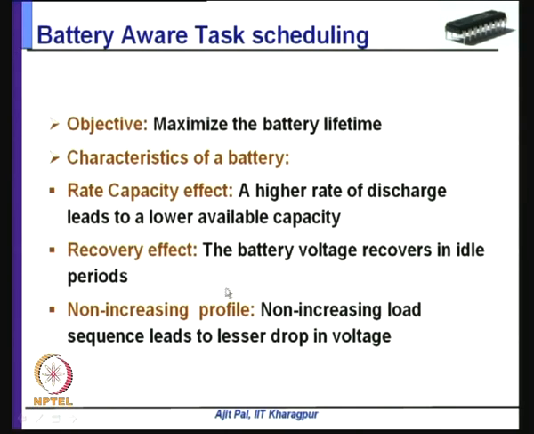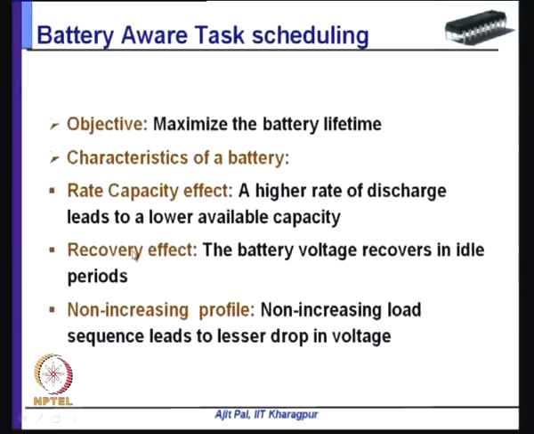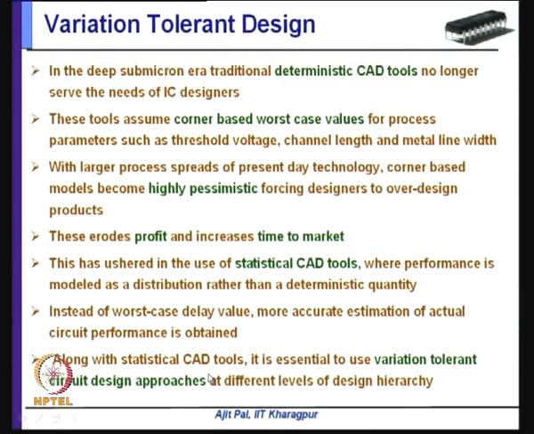Then the recovery effect: whenever the battery is kept in idle condition, the battery charge recovers. So, battery voltage recovery occurs, and a non increasing load sequence leads to lesser drop in voltage. So, by exploiting the important characteristics of the batteries, we are using battery aware task scheduling to reduce power dissipation.